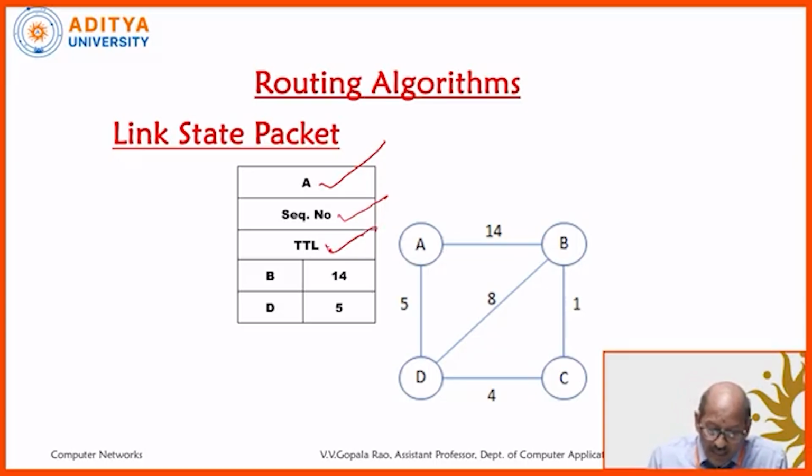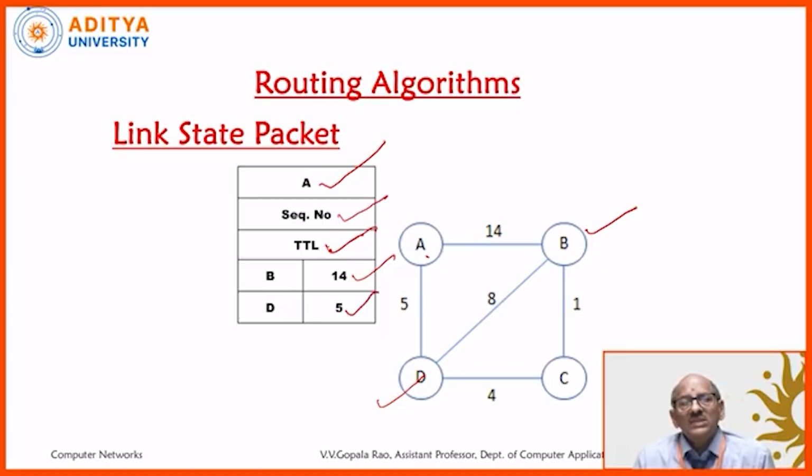And of course, B and D are the neighboring routers of A. From B to A the cost is 14, and from A to D the cost is 5. This is the way the link state packet reveals the information about the neighbors.